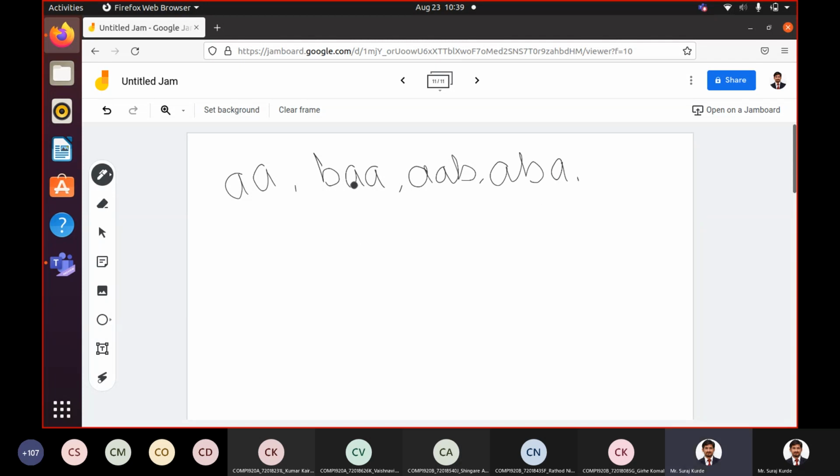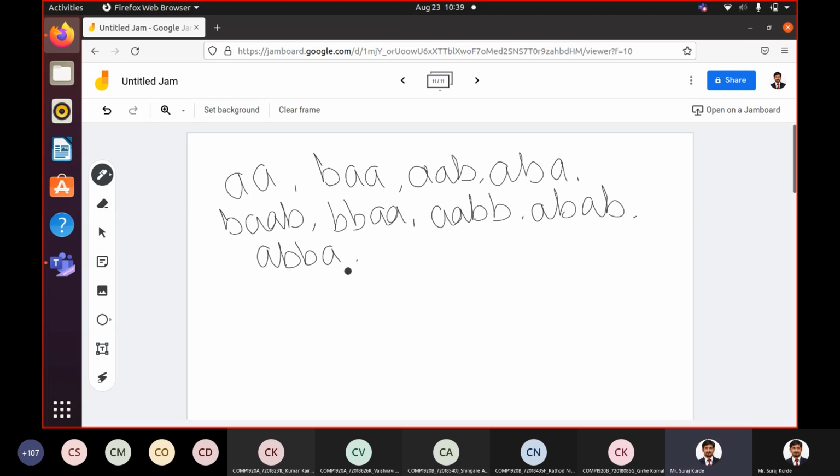So three possibilities: at the start, in between these two A, or at the end of second A. Then I can have two occurrence of B. Then it can be B A A B. It can be double B double A. It can be double A, double B. It can be A, B, A, B. Second, A, double B, A. So these are the possibilities.